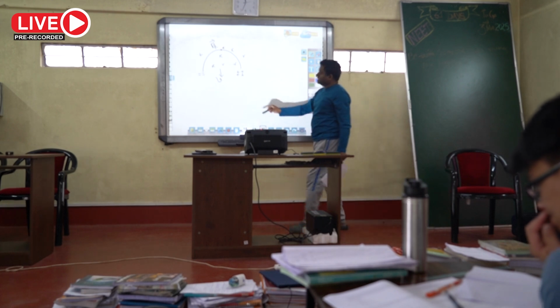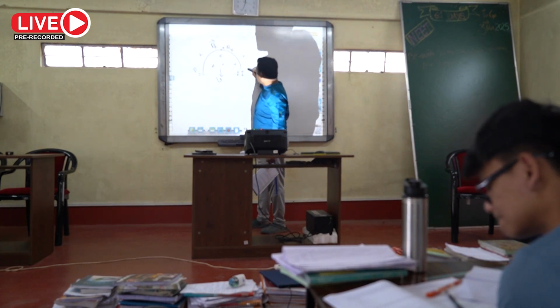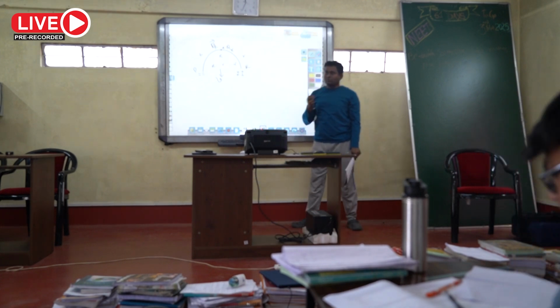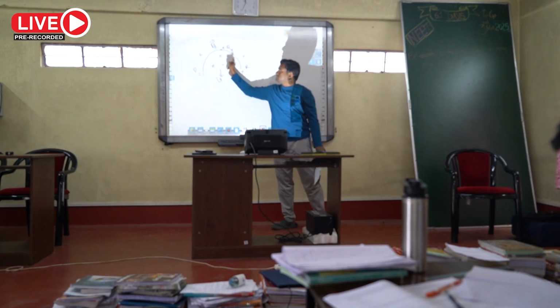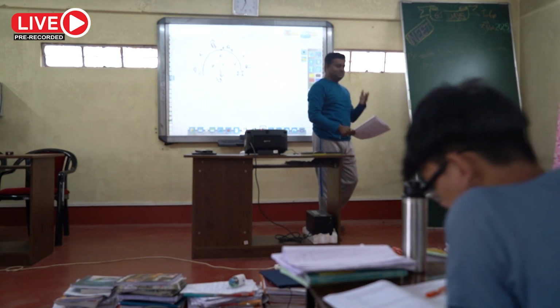Three terminals are given: this is P, this is Q, this is R. Since free electrons are moving to this side, positive charges are accumulated on the other side.